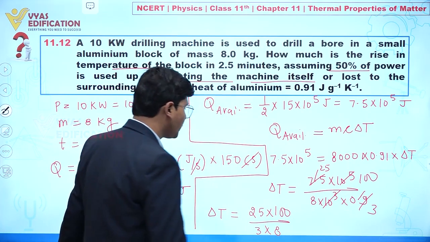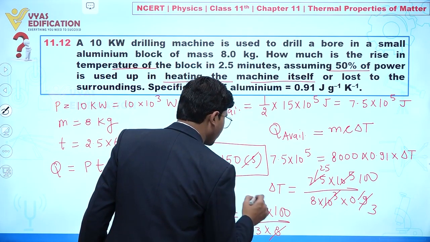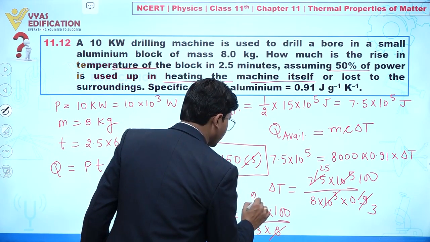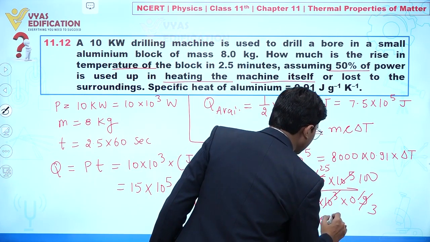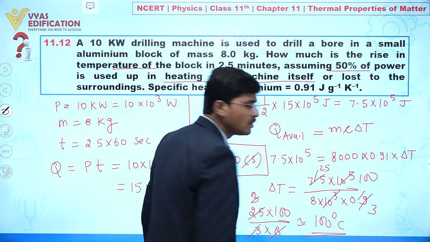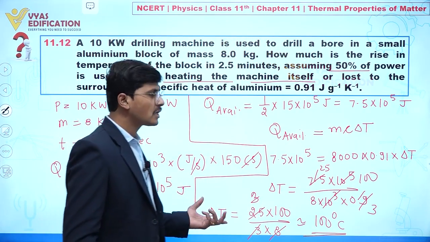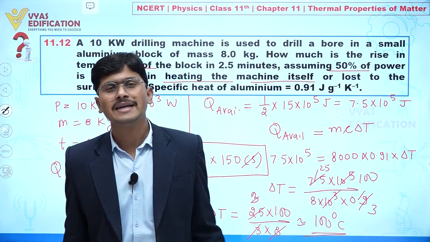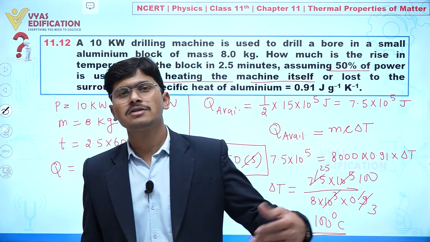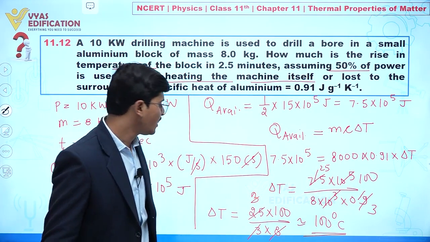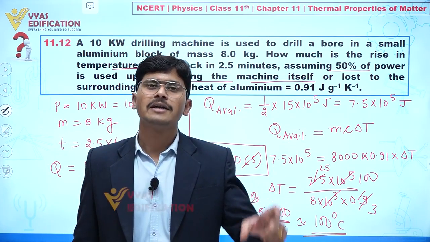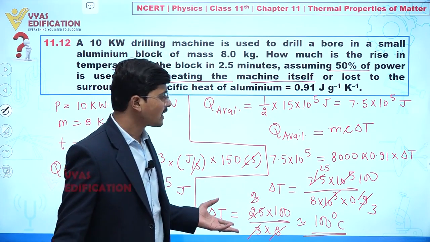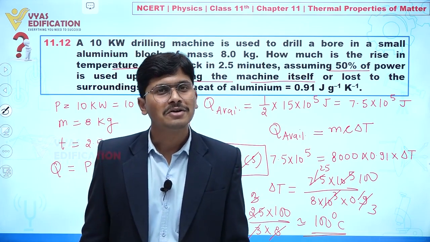So this is equal to near about 3, and this one cancels out. So near about this value we are getting, that is 100 degree Celsius, or you can say the total rise in temperature is near about 100 degree Celsius, or you can also say this is 100 Kelvin. Why? Because 1 degree Celsius is equal to 1 Kelvin if you find the difference in the Celsius scale and the Kelvin scale. So this is all about this question.